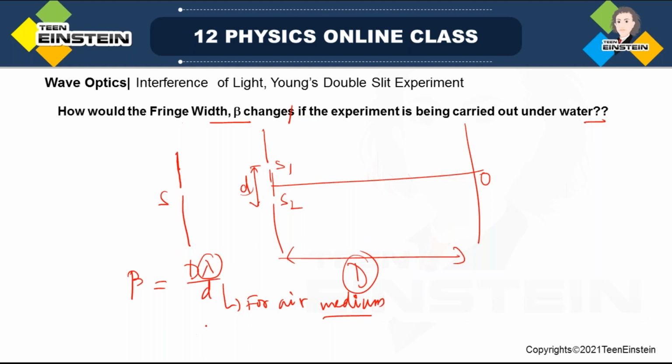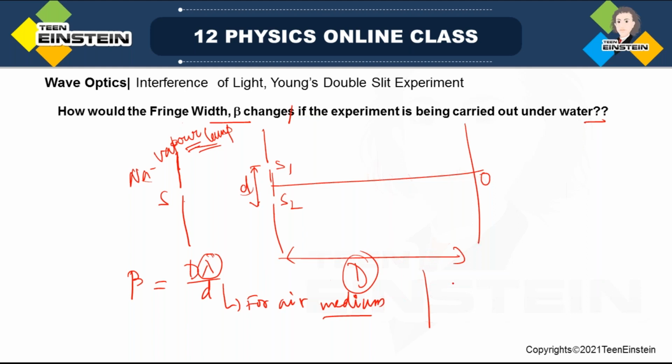What will happen is the wavelength will change inside the water. The same sodium vapor lamp maybe we will use in that case also, but the wavelength inside the water will not be the same wavelength of the yellow line. It will be something else. So how to find out that change?